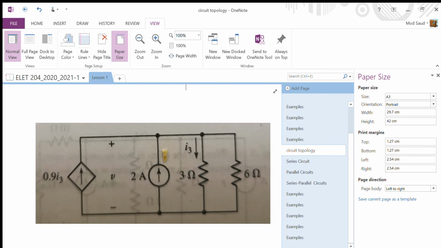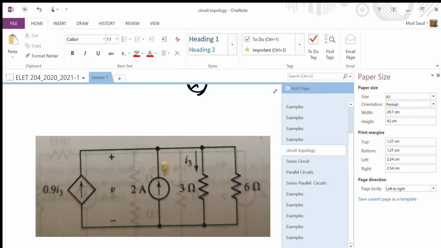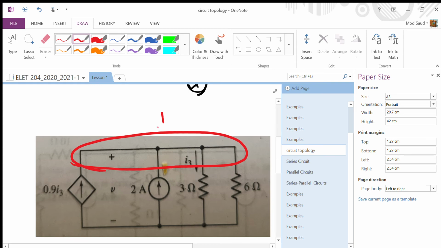Now, if you look at this circuit, this is one big node. Maybe if I choose a different color, that will be clearer. So this is node 1 and this is node 2.